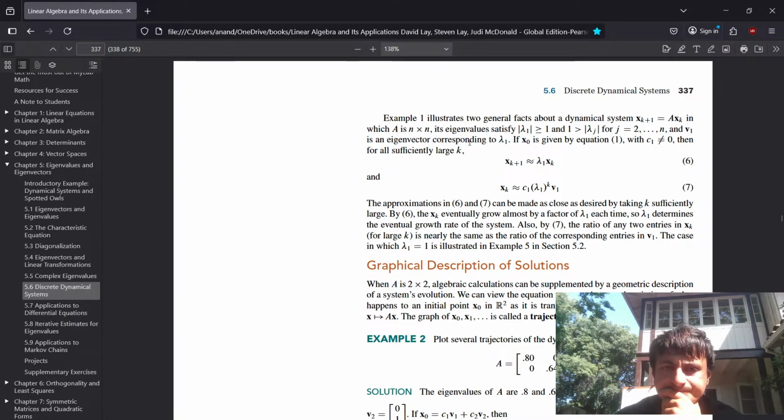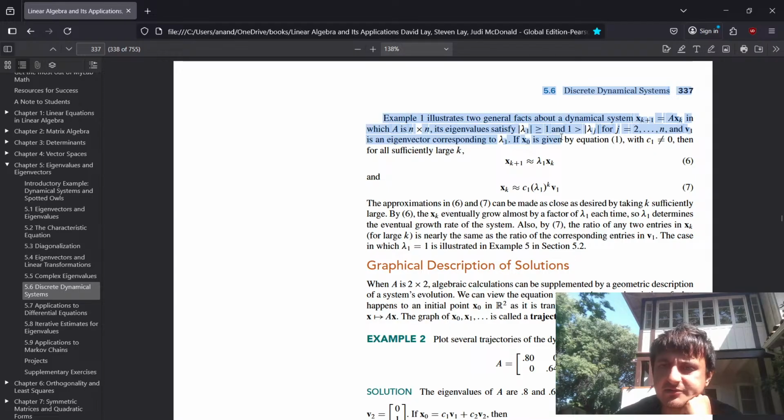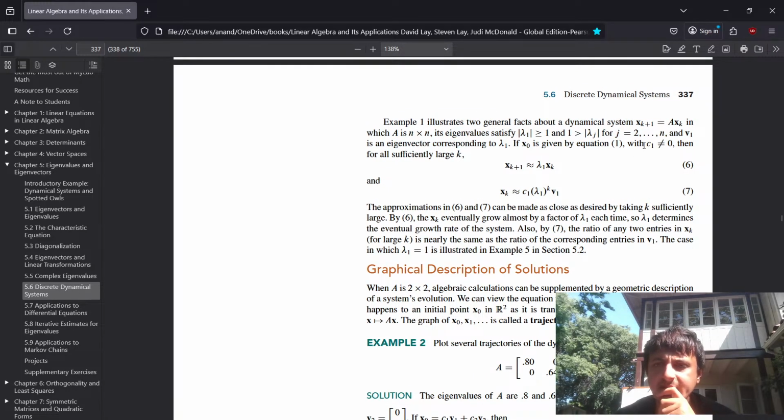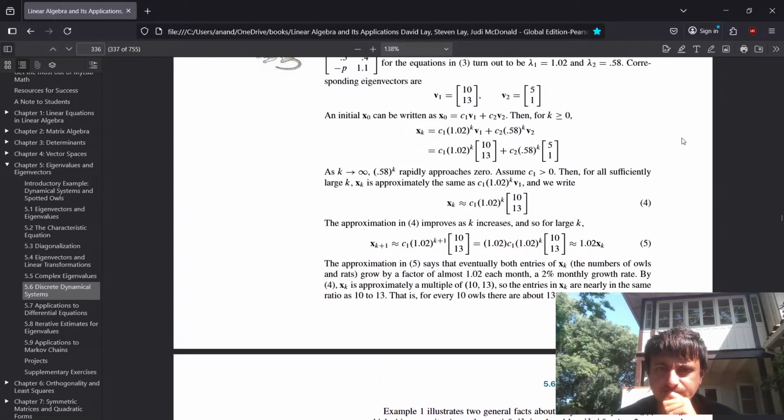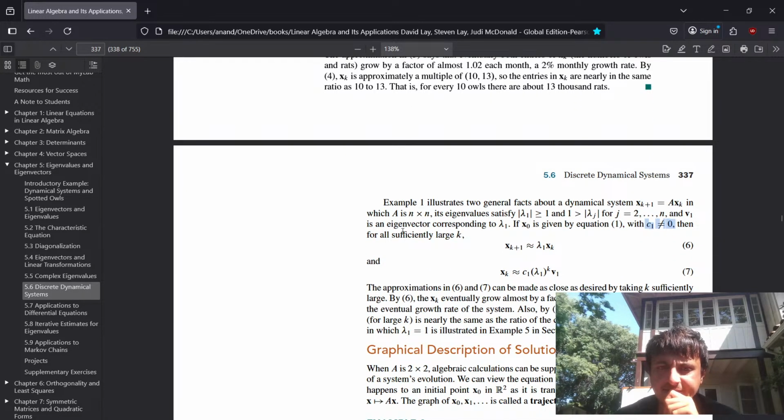Then v1 is an eigenvector corresponding to λ1. If x0 is given by equation 1, with c1 not equal to 0, then for all sufficiently large k, x_{k+1} is approximately λ1 times x_k. This is the best way to write it.